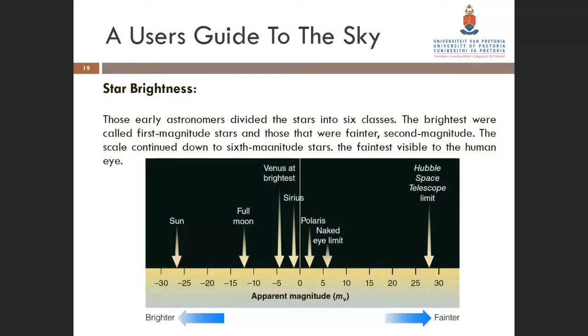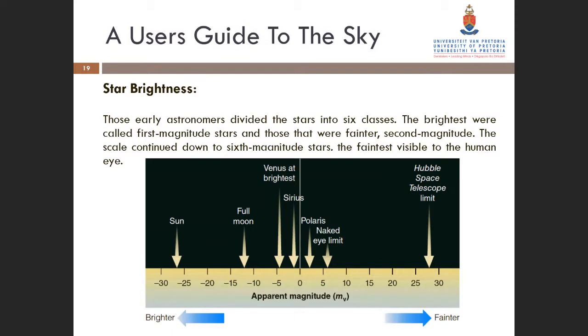So here we can see how star brightness works with the apparent magnitude scale. The early astronomers divided the stars into 6 classes. The brightest were called first magnitude stars, and those that were fainter, second magnitude, and so on. The scale continued down to sixth magnitude stars, the faintest visible to the human eye, so the human eye can only pick up magnitude 6.